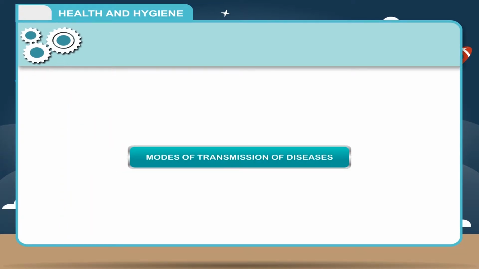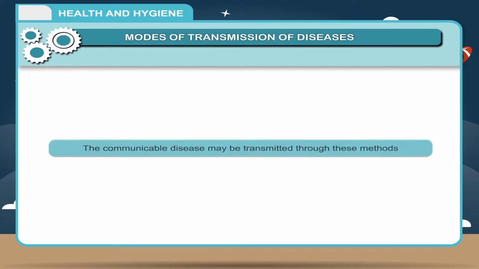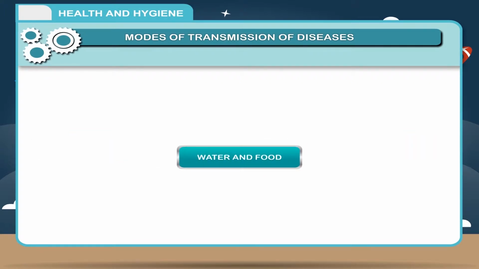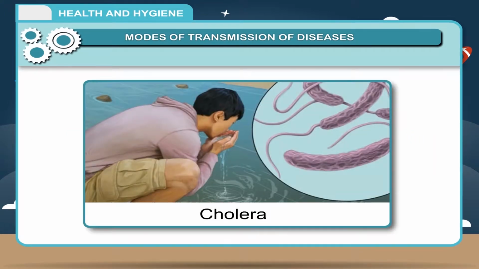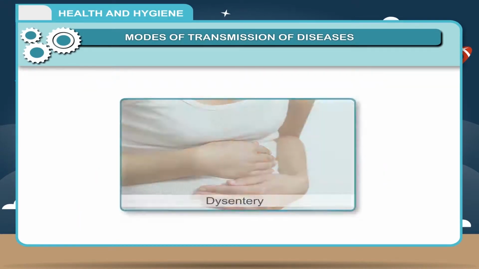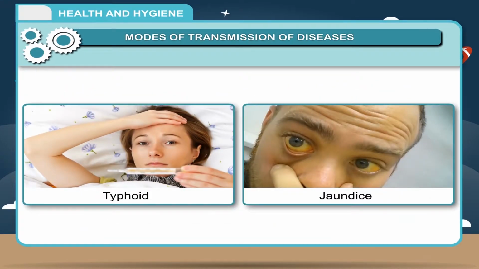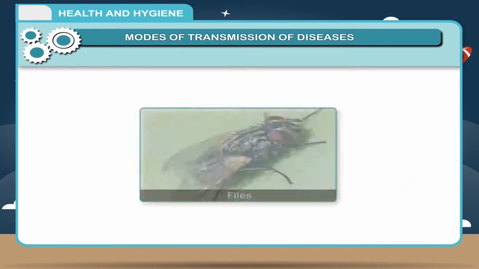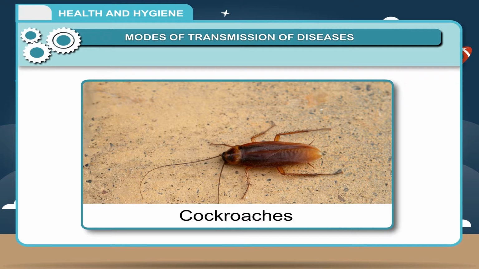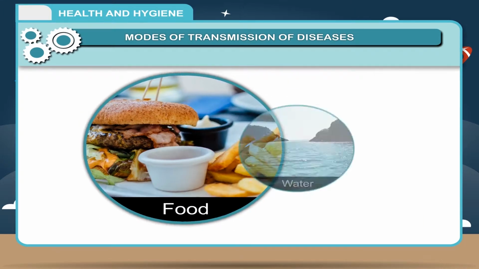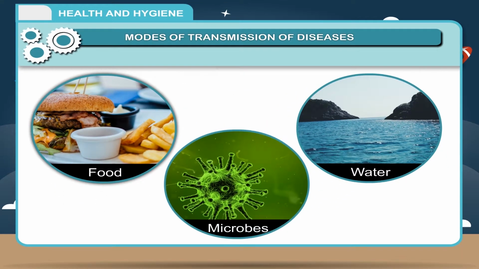Modes of transmission of diseases. The communicable disease may be transmitted through the following methods: water and food. Diseases like cholera, dysentery, typhoid, and jaundice spread through infected water and food. Flies, rats, cockroaches, etc. can infect food and water with the harmful microbes that cause these diseases.